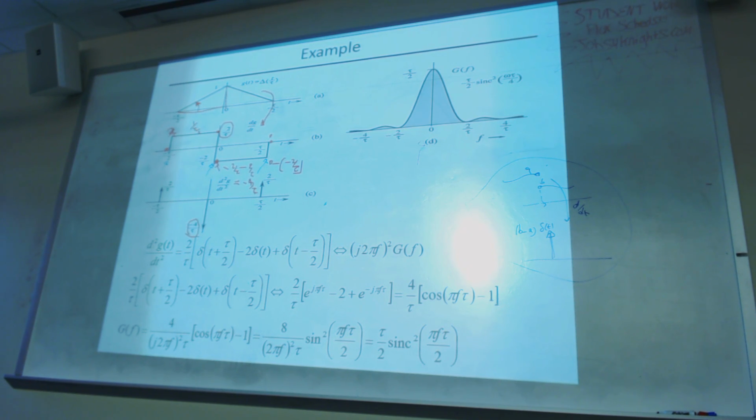So when I took twice the derivative of the B, I ended up with 2 over tau of this delta, and then minus 4 over tau delta t at 0, and then delta at t minus tau. So this is just 3 deltas together.